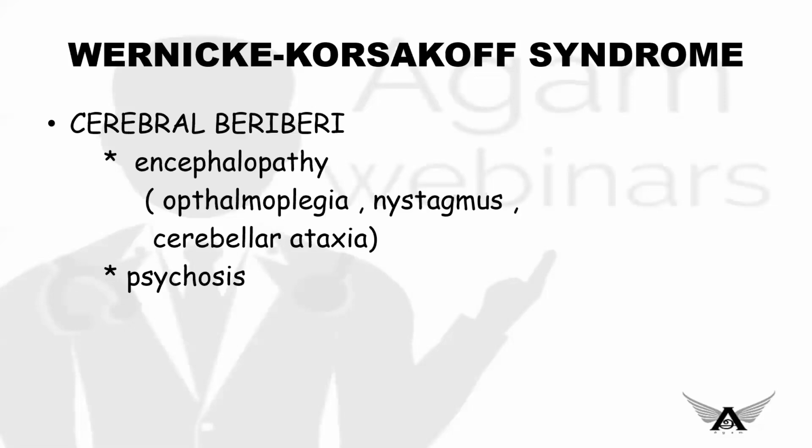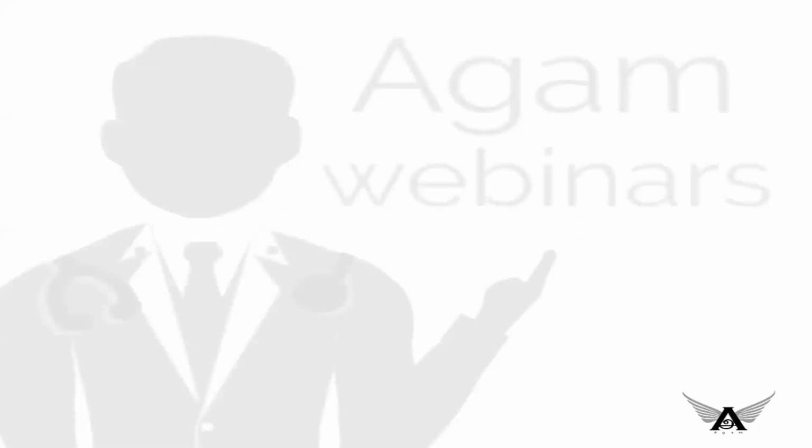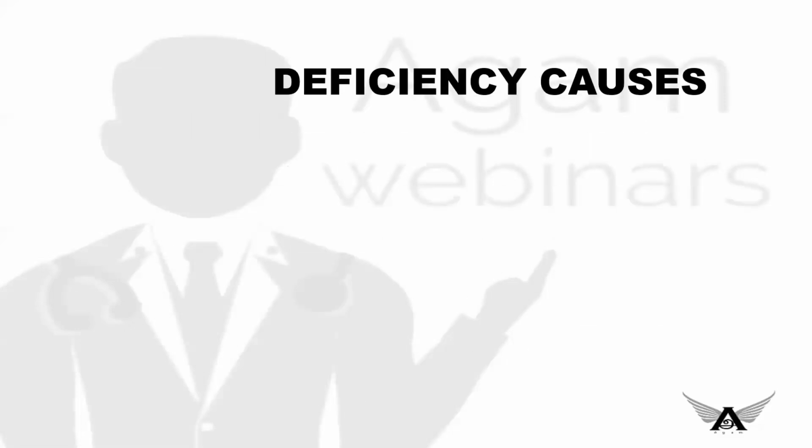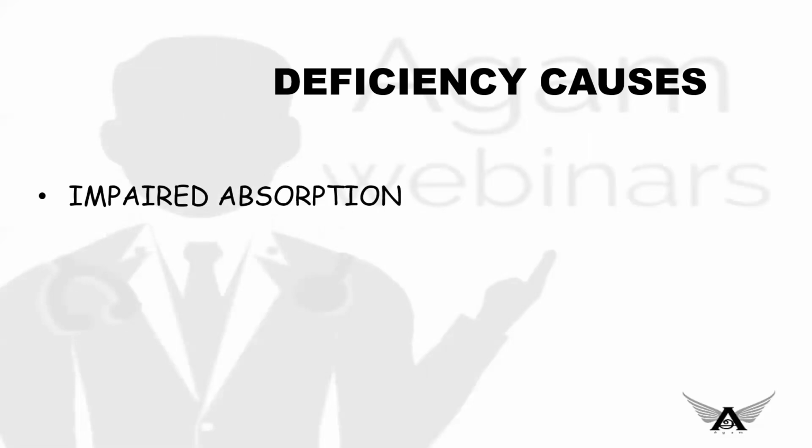So how does this deficiency occur? Mainly this deficiency occurs due to impaired absorption. From the intestine, impaired absorption causes vitamin B1 deficiency. Chronic alcoholism is the major cause of impaired absorption, because alcohol inhibits the absorption of thiamine.